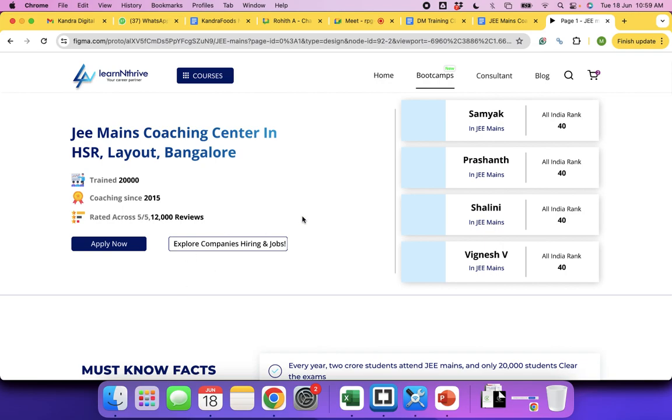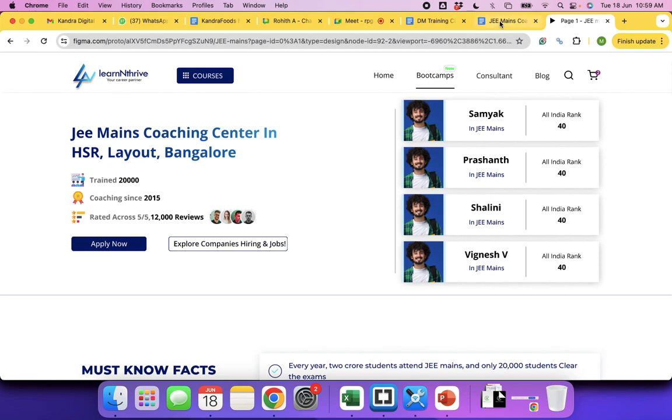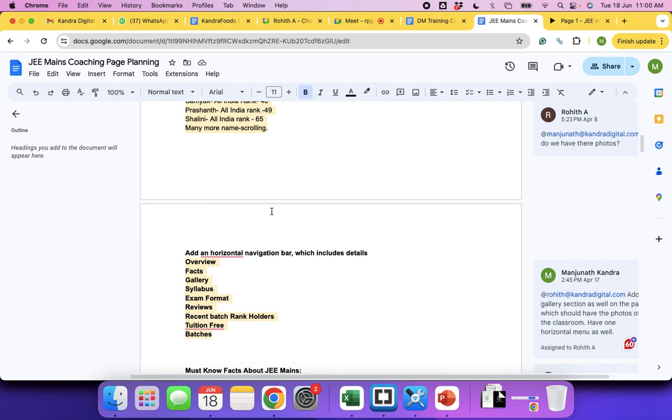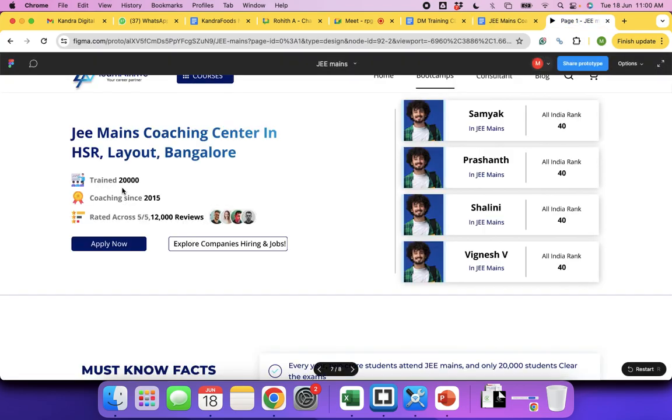Look at this. JEE Mains coaching center in HSR Layout Bangalore. Trained how many people? Coaching since, rated 5 out of 5, 12,000 reviews. And look at this, how it's been presented.